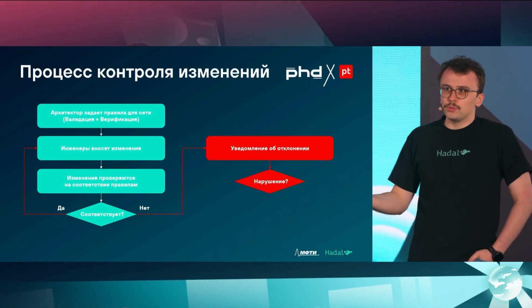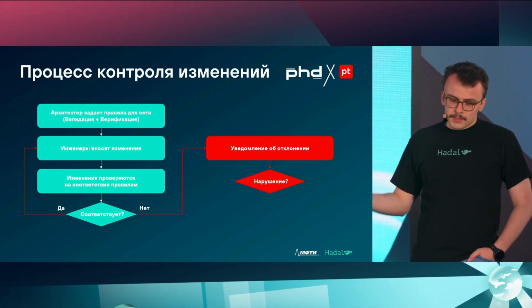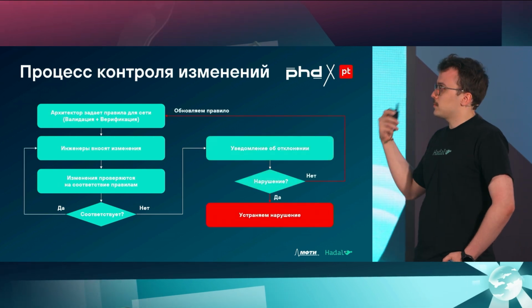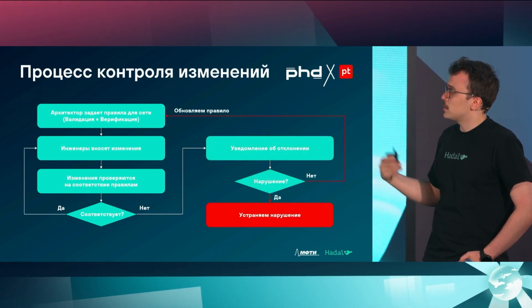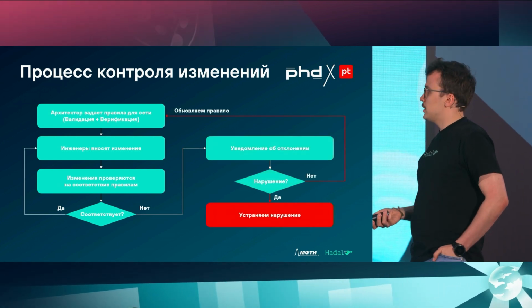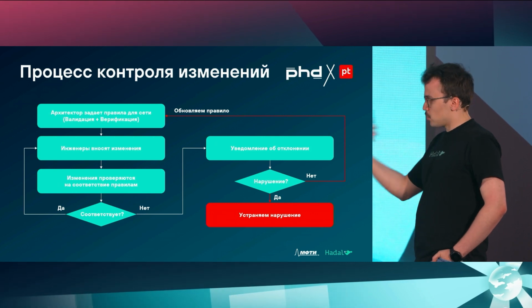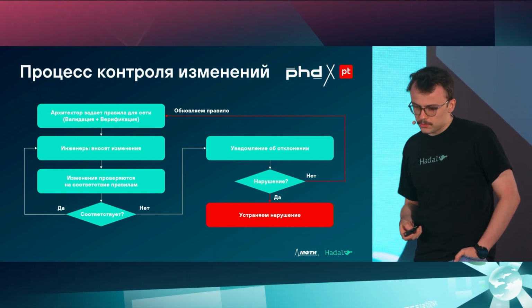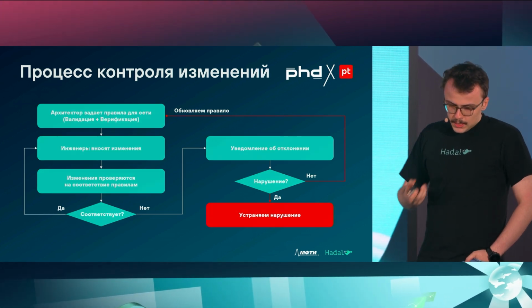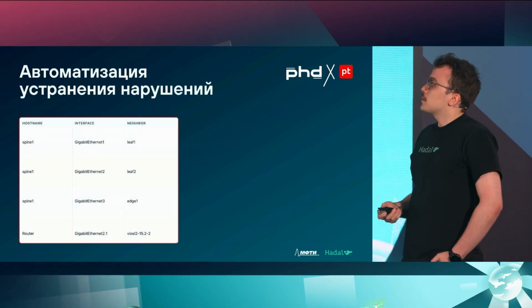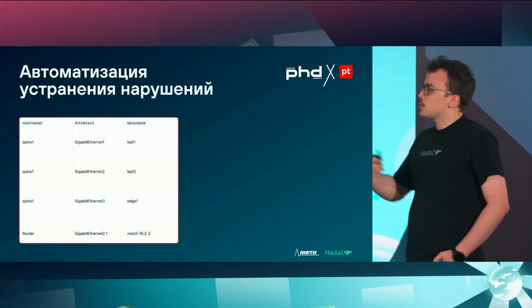If it doesn't adhere to the rules, then we form a list of variations and ask ourselves, is this a transgression or not? If it is a transgression, then the query goes back to the architect. And if it's not, then we try to get rid of it.